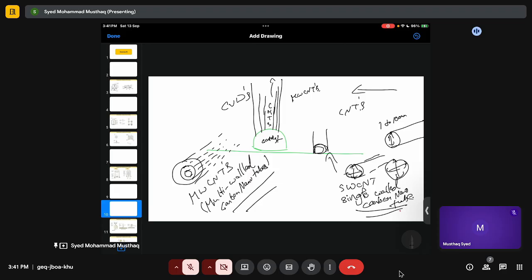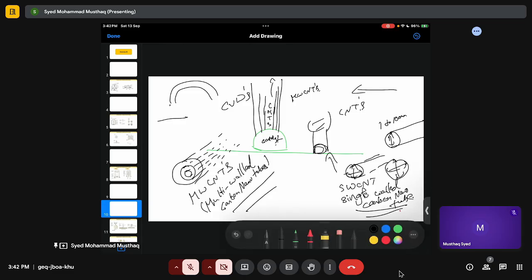And in this process, you will have a lot of waste material, or you can call it defects. And where do these defects come from? Because of the catalyst pickup. After some time, the CNTs grow so large that they start bending, and when they start bending, they might even rip out the catalyst itself.